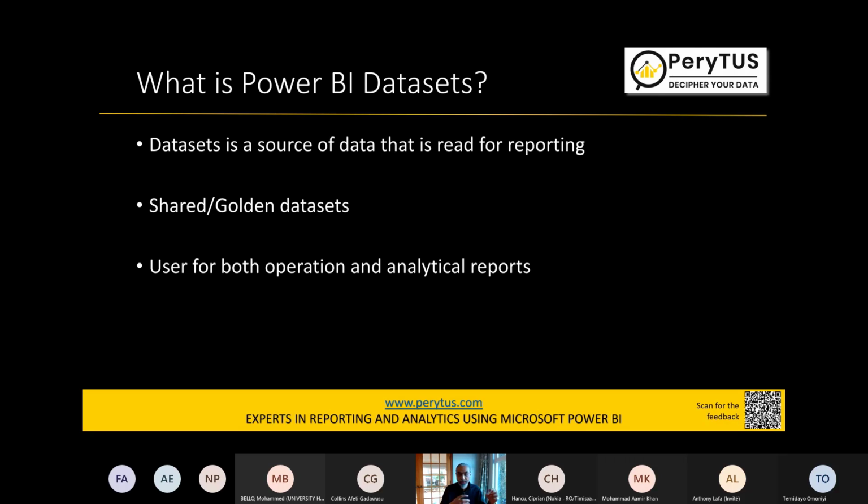have your model ready, your calculations, your measures, let's say month to date, gross profit calculation, percentage, variance, whatever measures you have created. So now you can leverage all the effort you have put into your Power BI datasets for your operational reporting, like paginated reports, as well as your analytical reporting, which is Power BI Desktop.